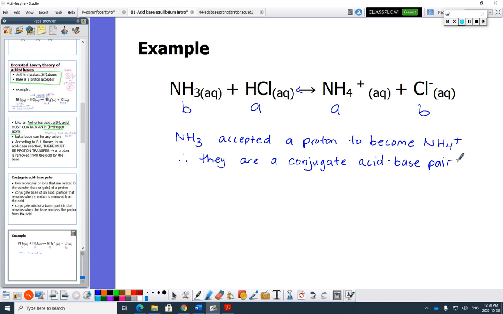So NH3 accepted a proton to become NH4 plus. So those two substances are related by proton transfer. Yes, you can write it out like what we did last year. You can also do this. So that is more than enough to say that they're a conjugate pair. Okay, but I'll do the same thing. So then HCl donated a proton.